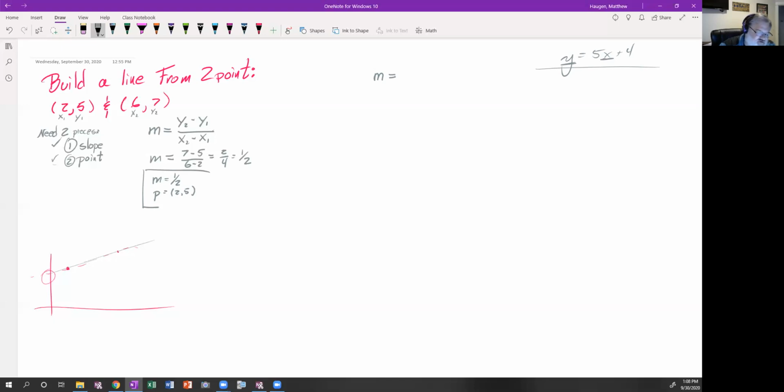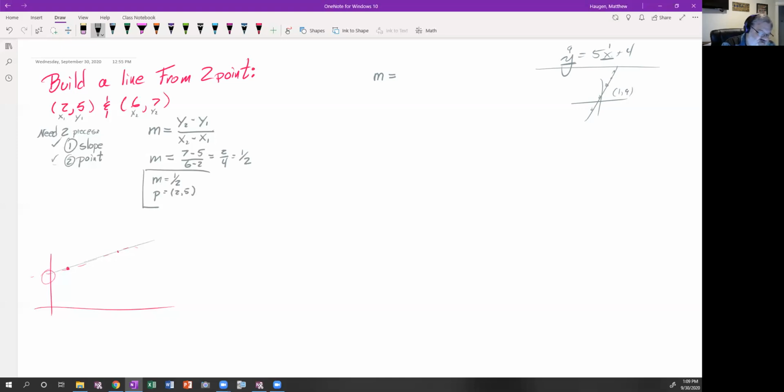That's what it means to be an equation. So all the points that are on the line are xy coordinates that make this statement equal. So like the point 1, 9, when x is equal to 1, y is equal to 9, that point makes the statement true, so it's a point on that line. That's what we're trying to build.